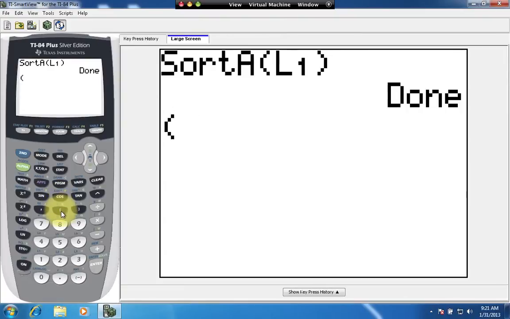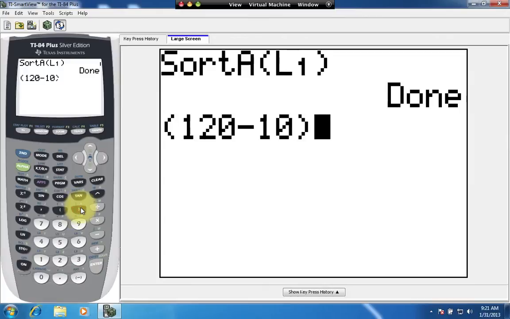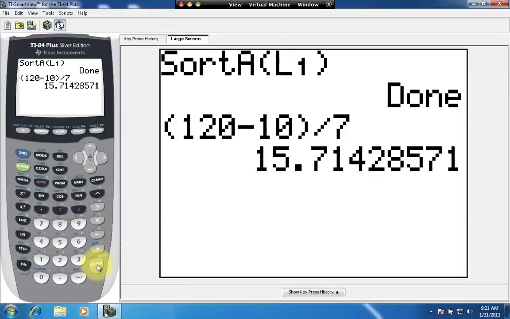The parentheses is right there. 120 minus 10, close the parentheses, then divide by 7. Okay, 15.7, etc. And then we go up to the next whole number, which makes it 16.